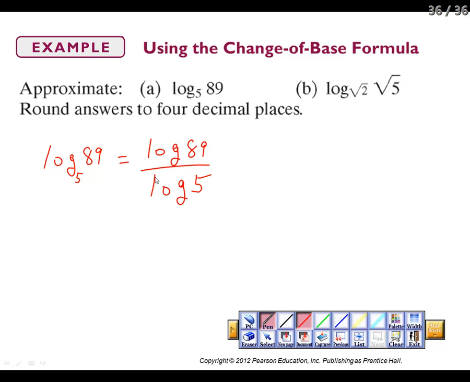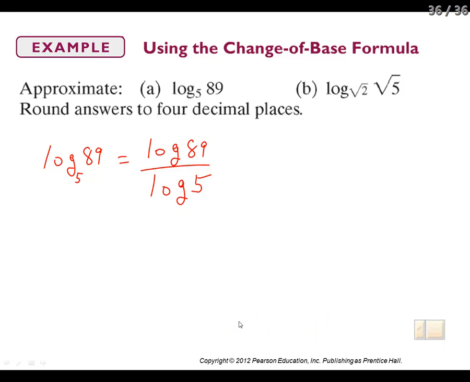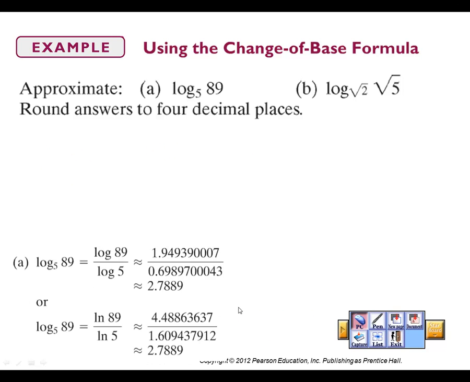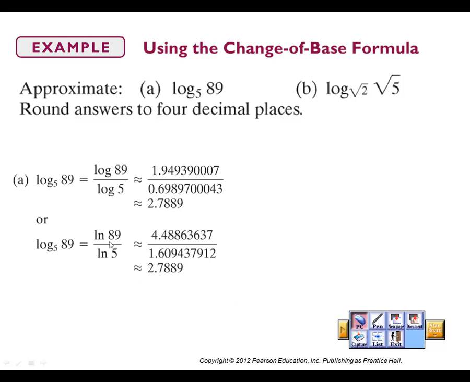And now you can use that in your calculator. So use the log button on your calculator for that. Alright, and so for the first one here, where they use log or natural log, the numbers start off different, but in the end the answers are the same.